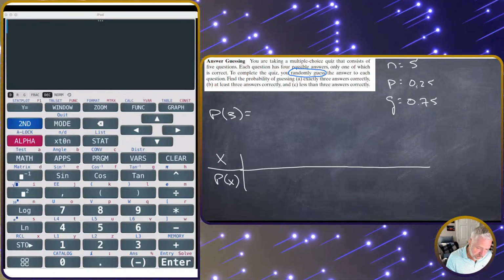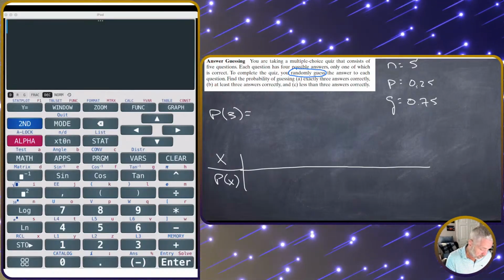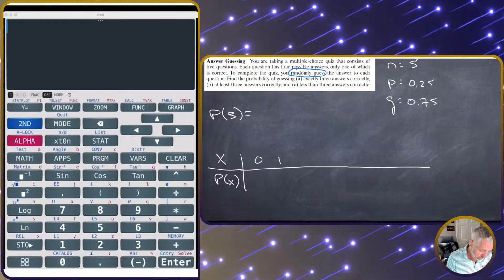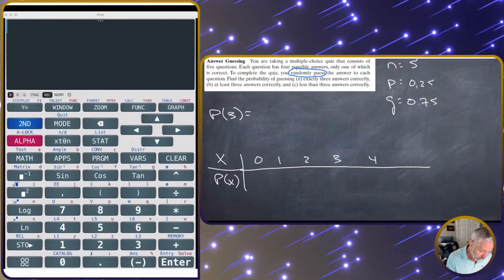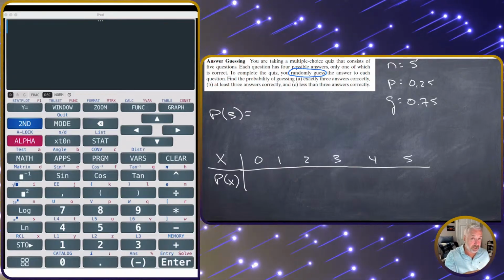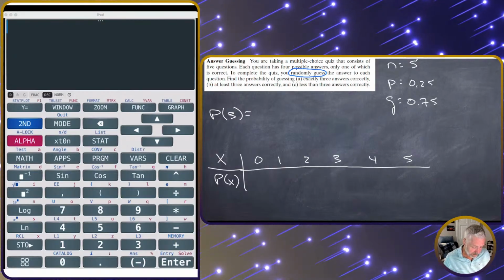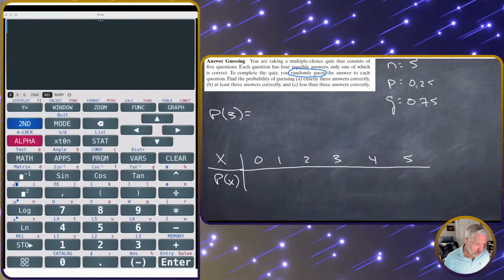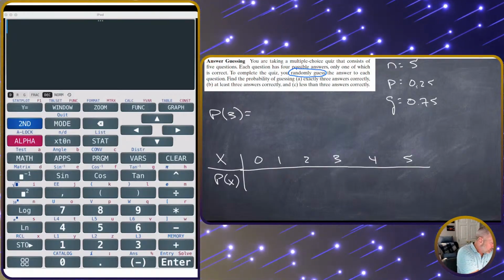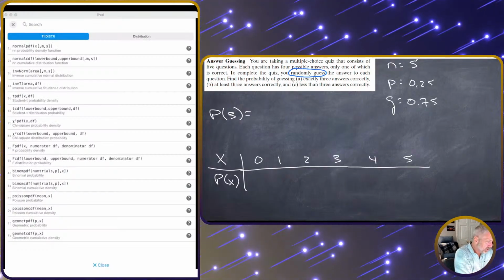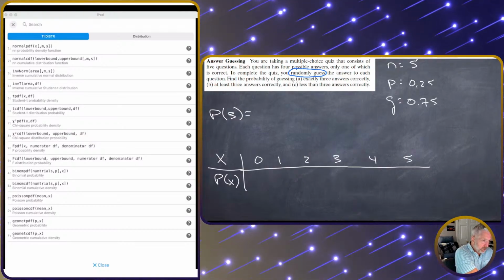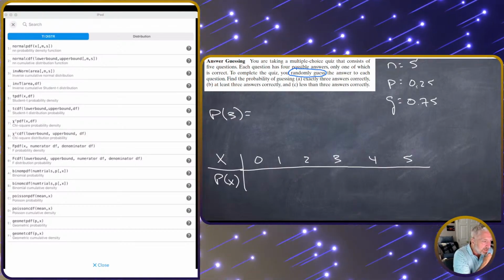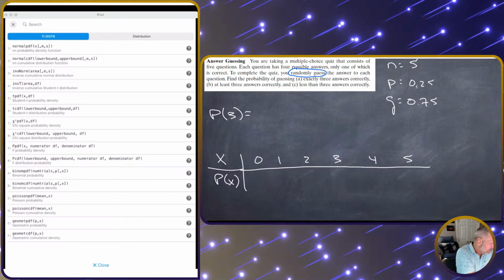Well, is there a chance that I could get all 5 of those questions wrong? In the end, yes. How about 1 of them, 2 of them, 3 of them, 4 of them, 5 of them? So randomly selecting the answers on each one of these, I could get any one of those possibilities, 0 to 5. So if I go to my calculator and go second vars, and you'll have to scroll down on yours, but it's right there, binom PDF.